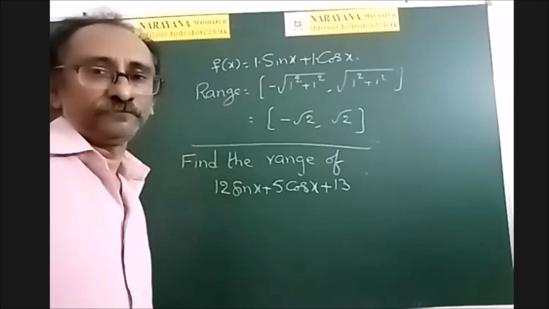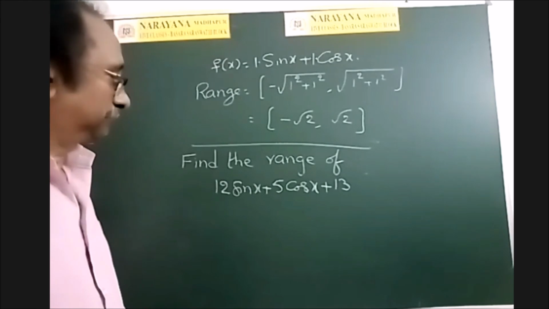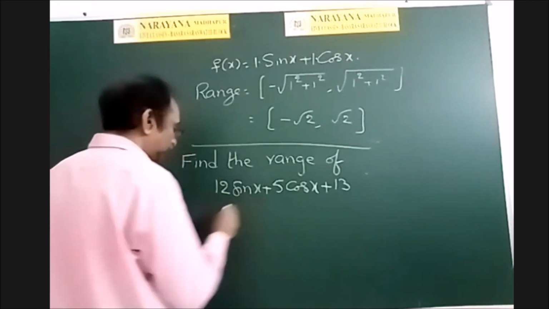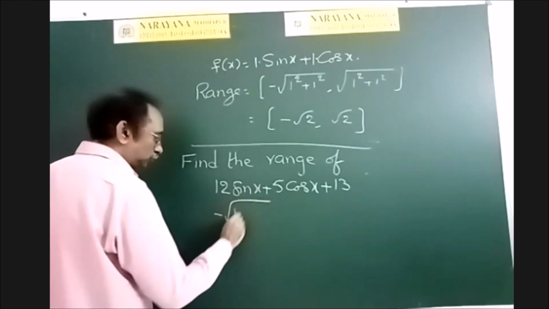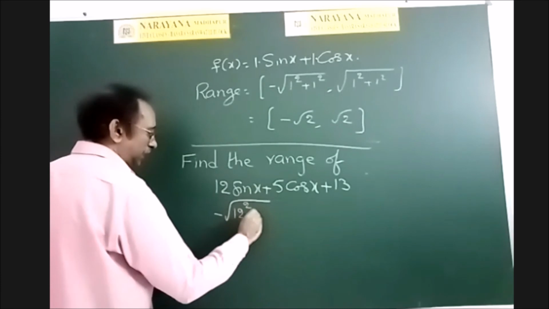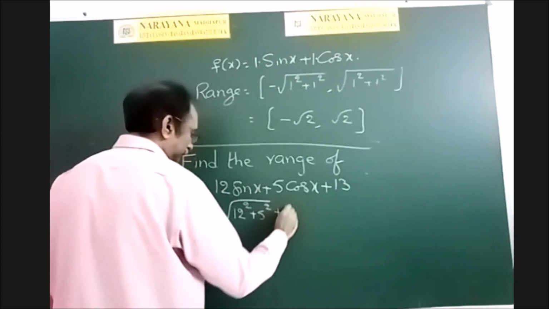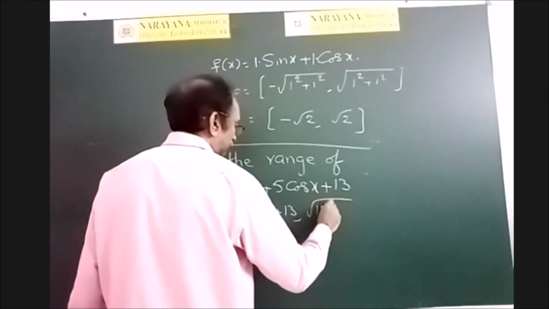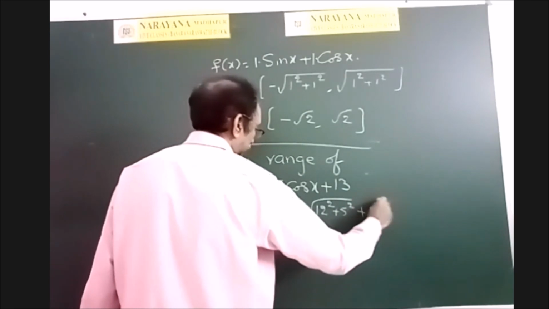Pritam, Sir, 0, 26. Very good. So for this one, the minimum value is minus root of a square plus b square plus 13, and maximum value is root of 12 square plus 5 square plus 13.